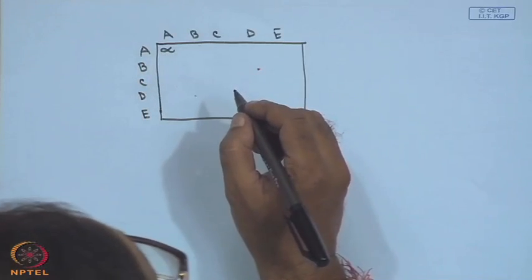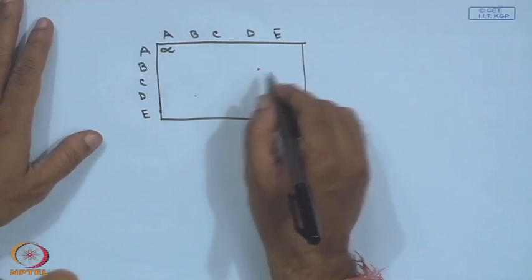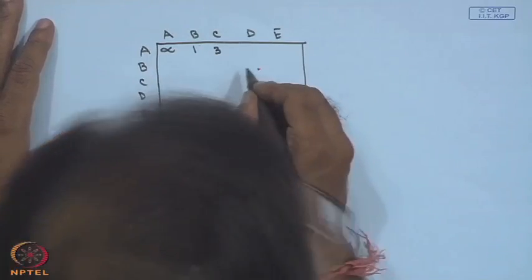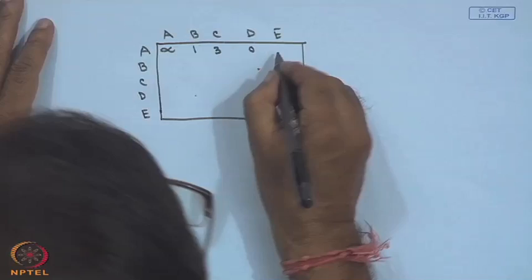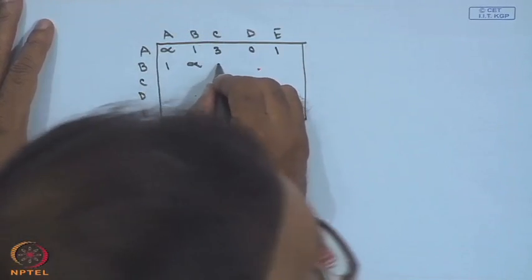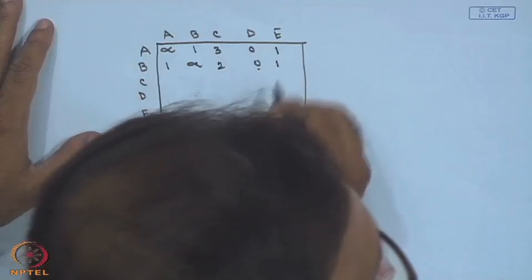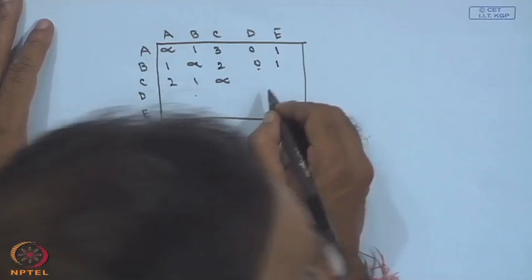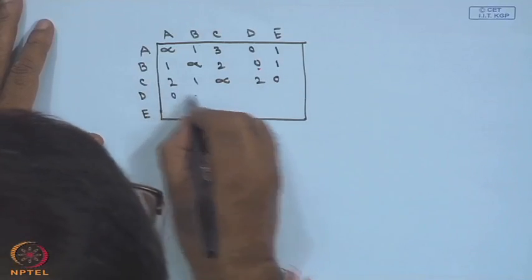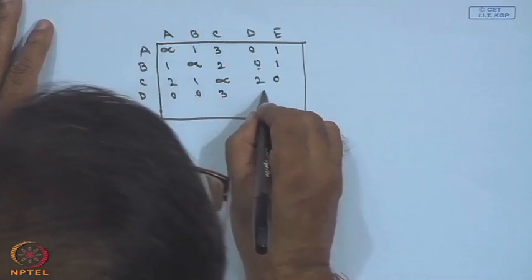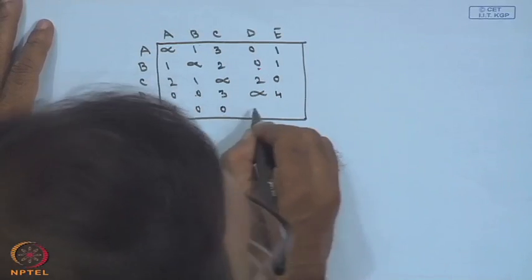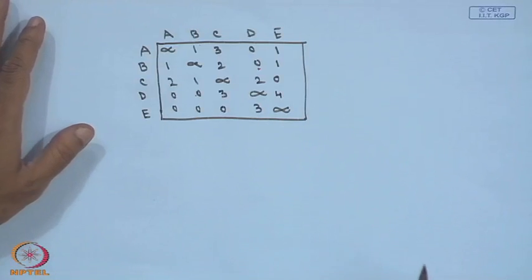After subtracting the row minimum and column minimum, we get this table: infinity 1 3 0 1, then 1 infinity 2 0 1, 2 1 infinity 2 0, then 0 0 3 infinity 4, and 0 0 0 3 and infinity.